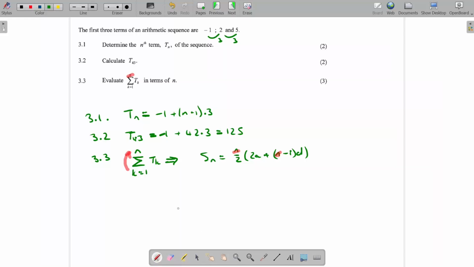And what we do know from earlier is that a is -1 and d is 3.